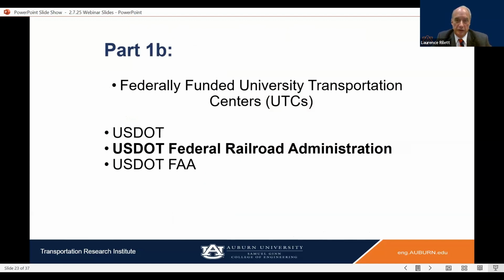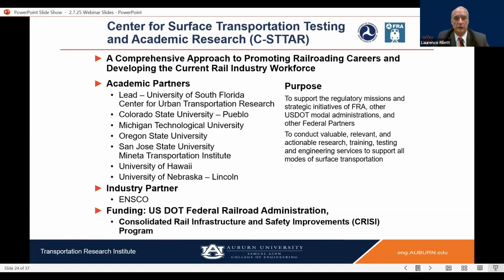So in addition to the USDOT itself, the Federal Railroad Administration also supports university centers. I'm going to go through these fairly quickly, but I just wanted to introduce you to them. There's a Center for Surface Transportation Testing and Academic Research, CSTAR, led by the University of South Florida Center for Urban Transportation Research.